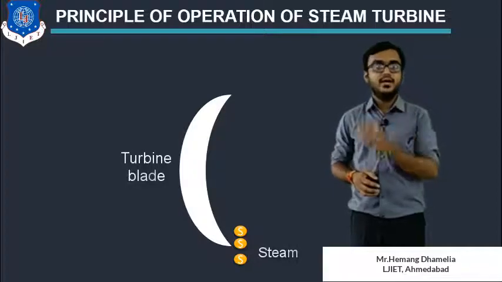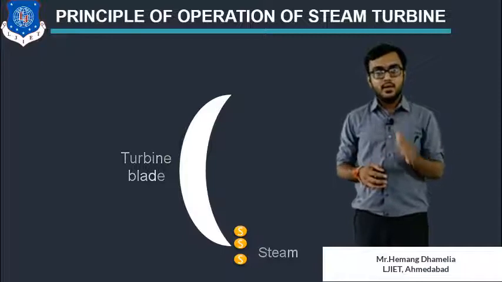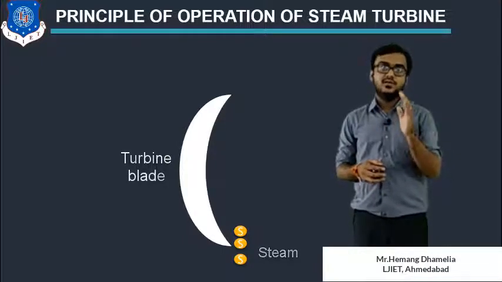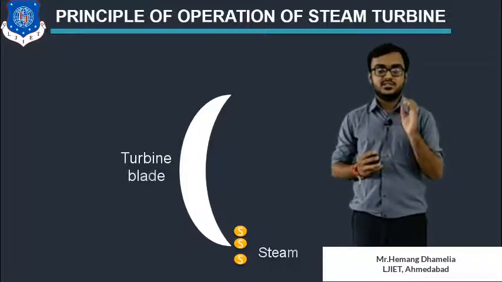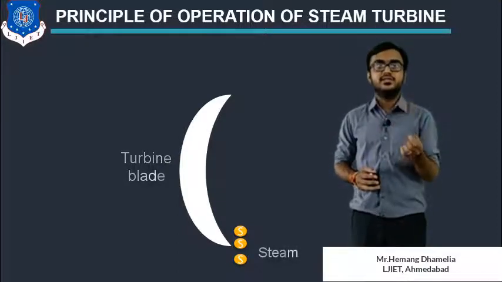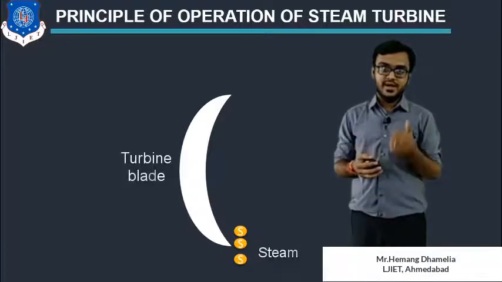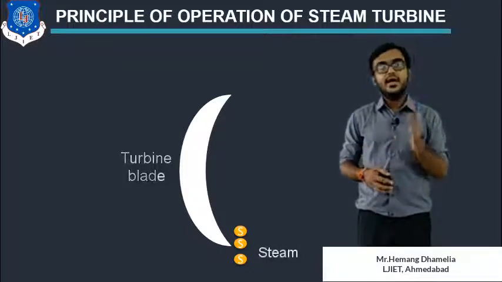Whenever it is passing over the turbine blade, at that time steam will suffer a change of direction, and because of the change of direction, the momentum of steam gets changed.